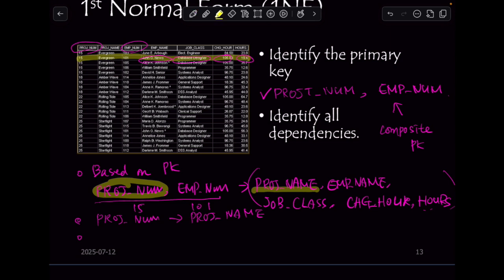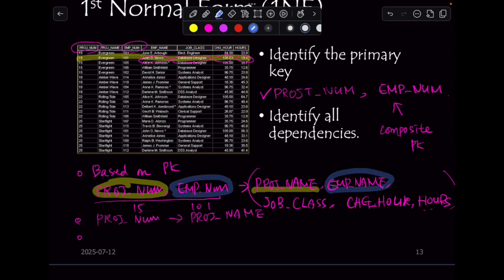And one more here, employee number itself. So let me use different colors here. Employee number can determine employee name, and also given one employee, we can determine job class, and given job class, actually we can determine charge hour as well. But note that hours we cannot determine just by employee number, because the same employee can work for different projects.